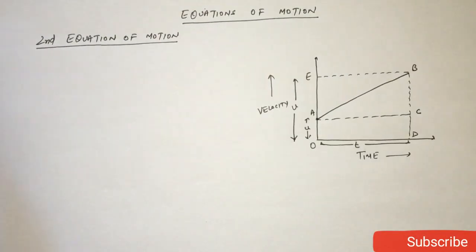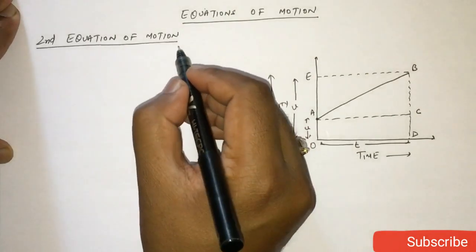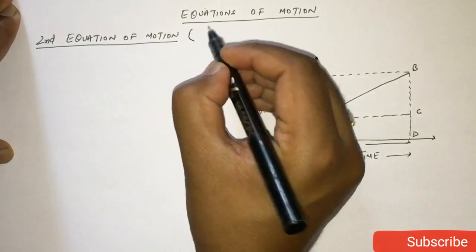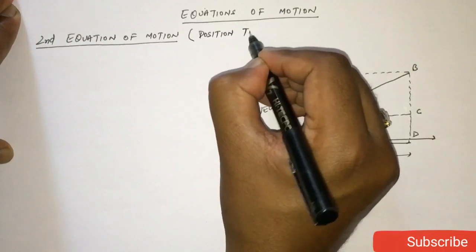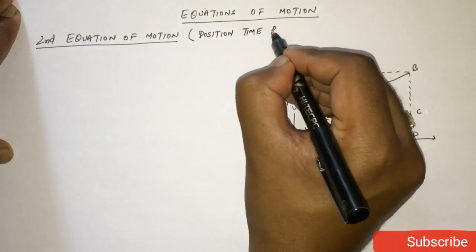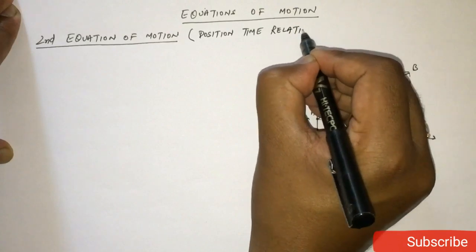Now let us discuss the second equation of motion. This equation is also known as position time relation.